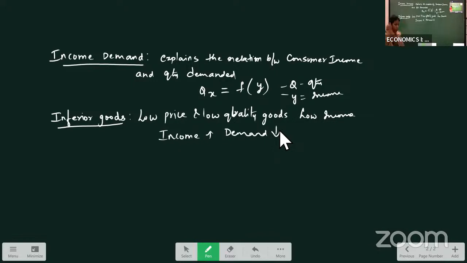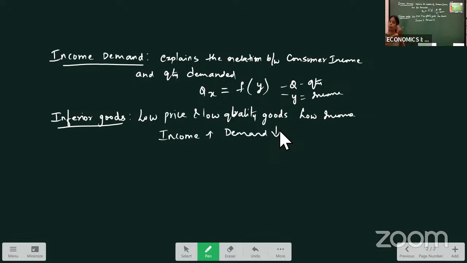For example, when you are a student, your income levels will be less. So you may prefer a normal watch, like a 100 rupees watch that you may purchase as a student. But when you start earning, your income levels will be high. During that time, you may not prefer the 100 rupees watch.